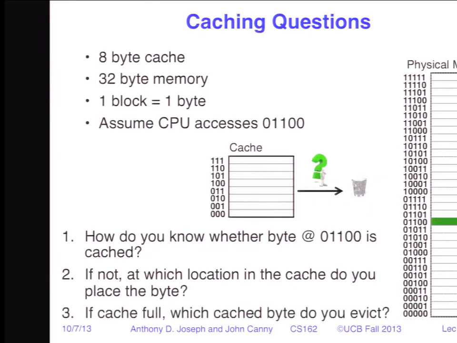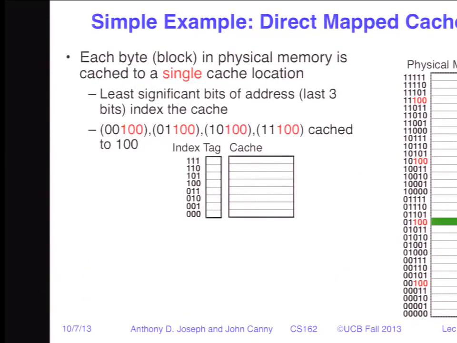When the cache is full, which byte do we pick to evict? So 3 questions that we'll ask of any cache organization: whether a byte's cached, where we put a byte in the cache, and when the cache is full, what do we evict? So the first example should be one that you're familiar with from 61C, which is direct mapped caches.